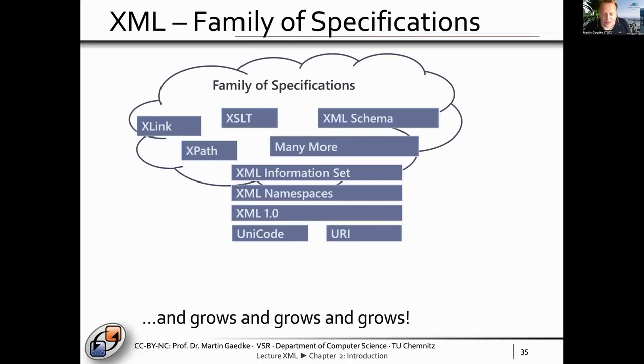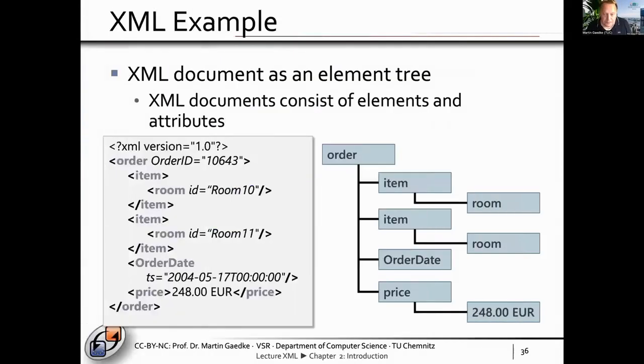They all belong to this very broad specification, which is usually named just XML. And we will see how all these different specifications belong together and benefit from each other.